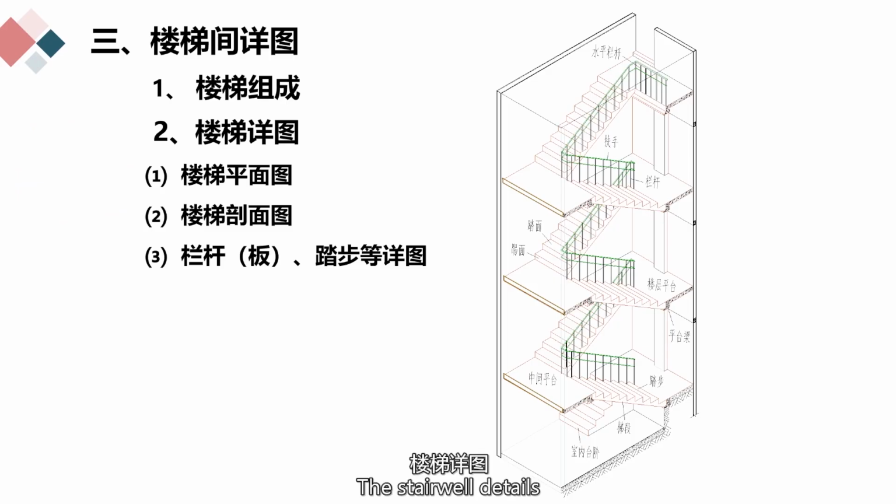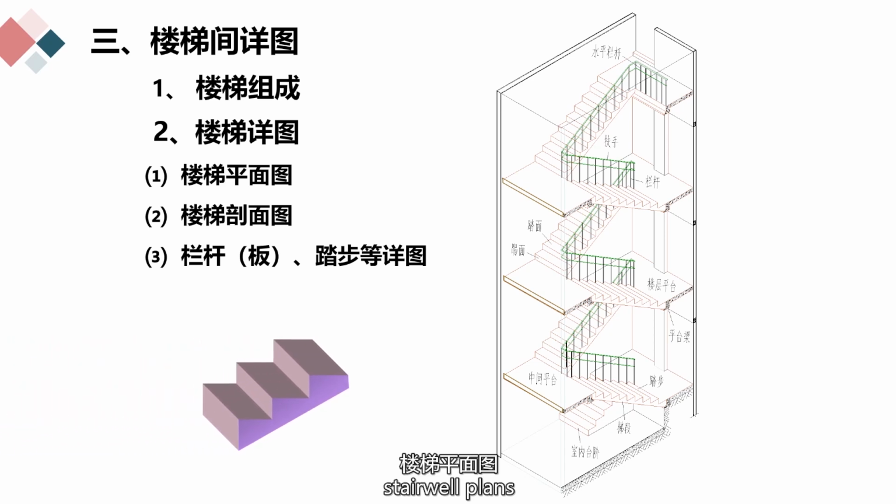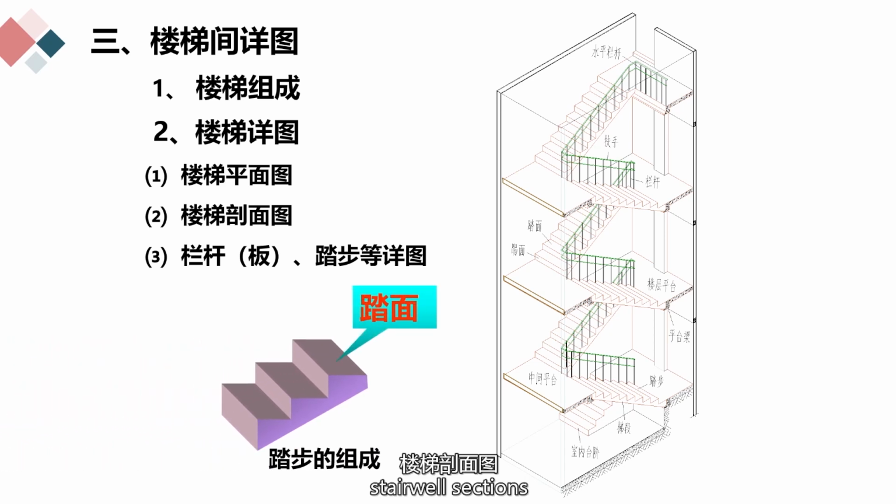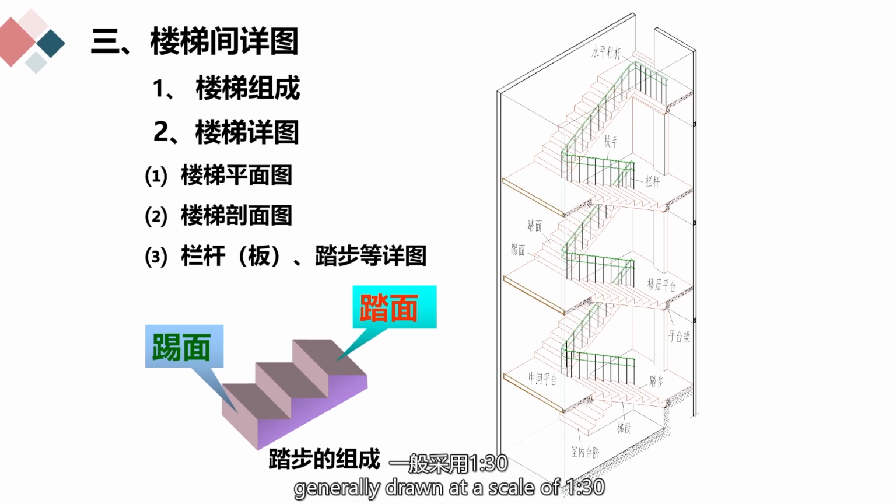Contents of the stairwell details. The stairwell details generally include stairwell plans, stairwell sections, and detailed drawings of tread, railings, handrails, and other nodes. The stairwell details are generally drawn at a scale of 1 to 30, 1 to 40, or 1 to 50.